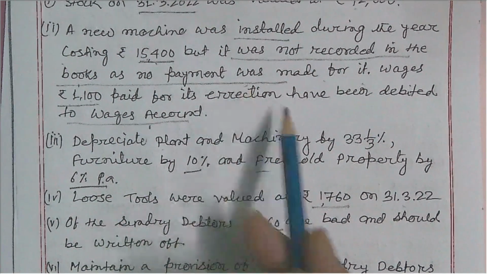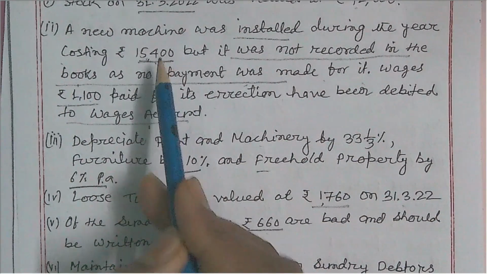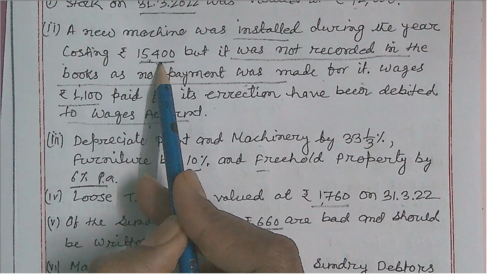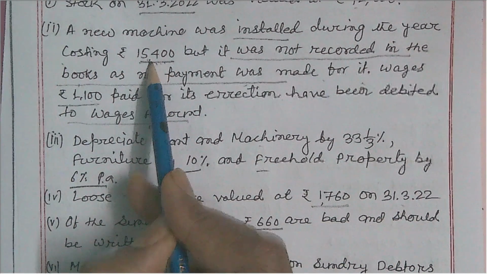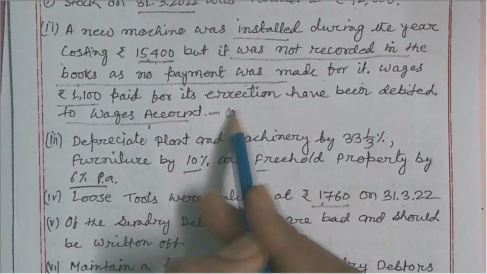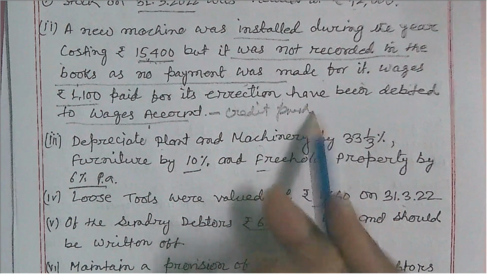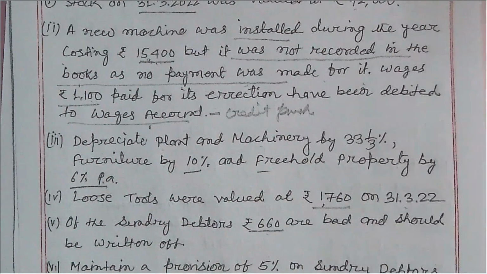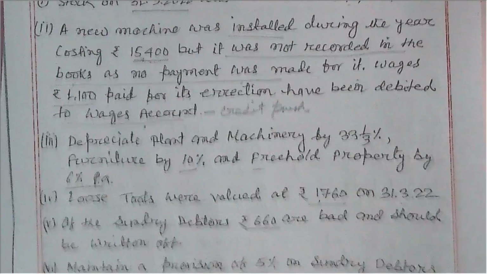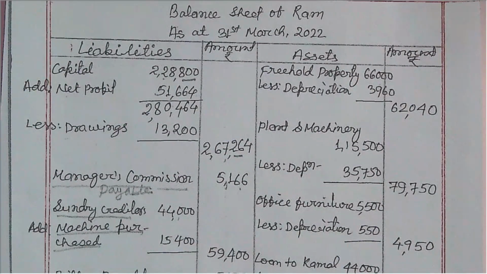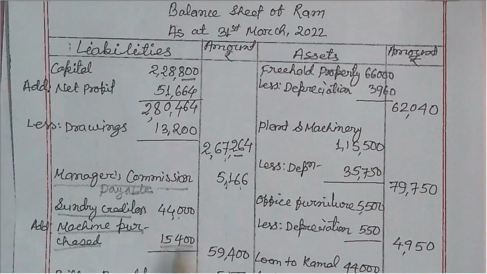That means the machine purchase for 15,400 rupees was neither recorded in the books of account nor was any amount paid. So it is a credit purchase, and when you purchase on credit, the sundry creditors balance increases by this equal amount, 15,400.